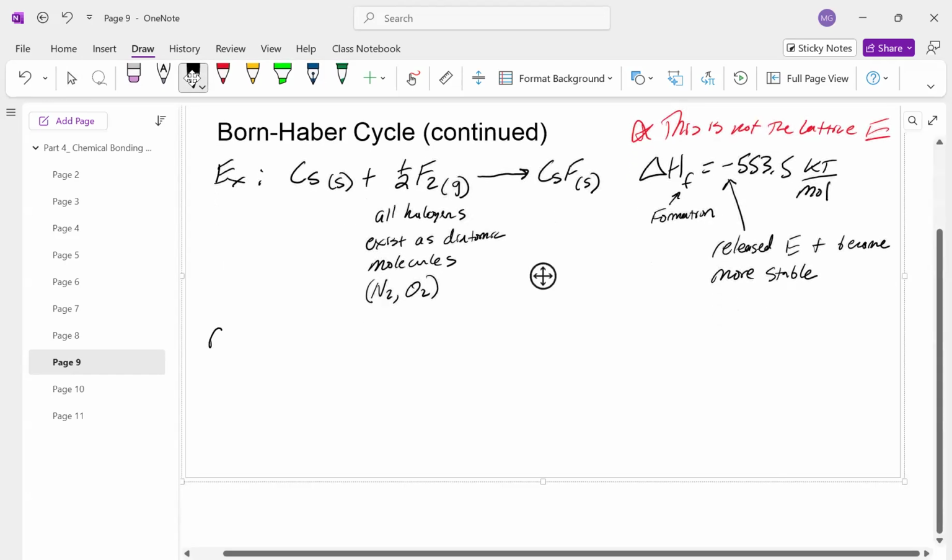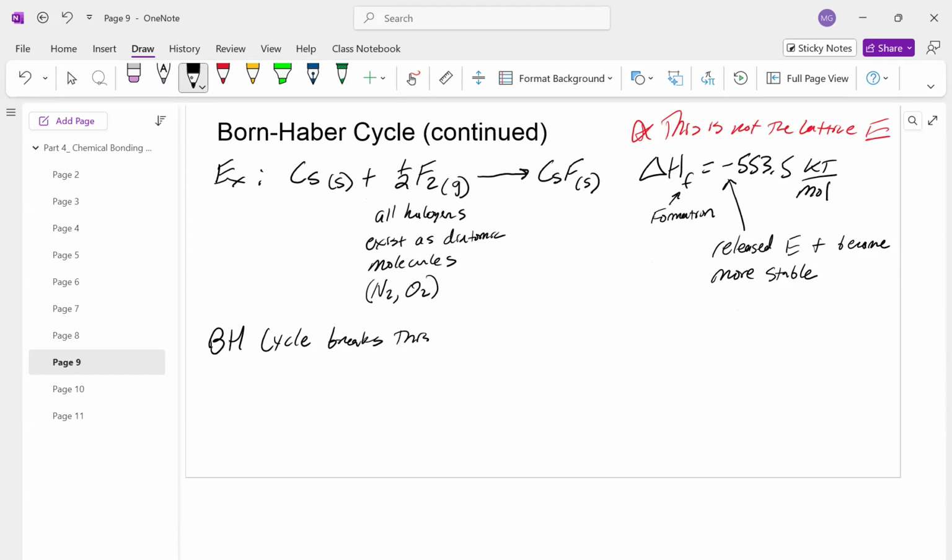So what this Born-Haber cycle does, I'll just say BH cycle, breaks this reaction into steps. And all the steps add up to that delta HF, that delta H of formation.